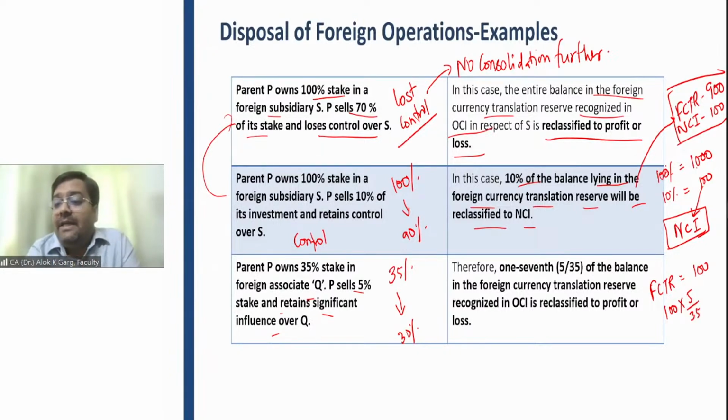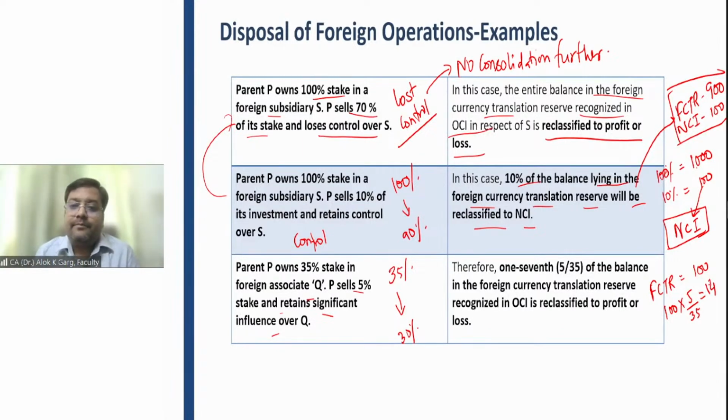For 35% stake, FCTR is 100. So for 5% stake, what is the FCTR? So 100 multiplied by 5 by 35, which comes out as around 14 rupees, right? This 14 rupees will transfer to P&L, as simple as that, right?